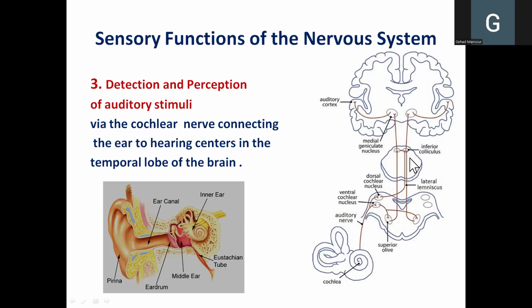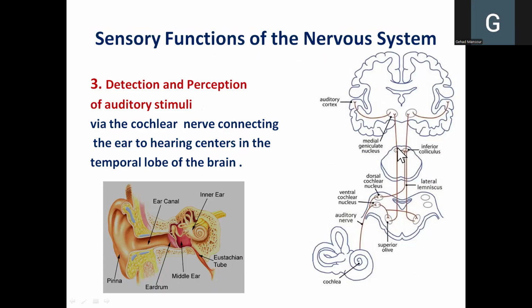So this is very useful because sound stimuli will be distributed on the two ears, and this is very important just in case damage occurs in one pathway, the other pathway would be functioning from the same ear. And it's also important because higher functions can detect the site of the stimulus.